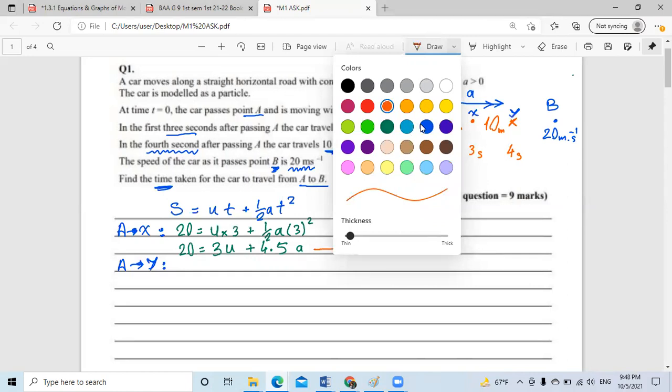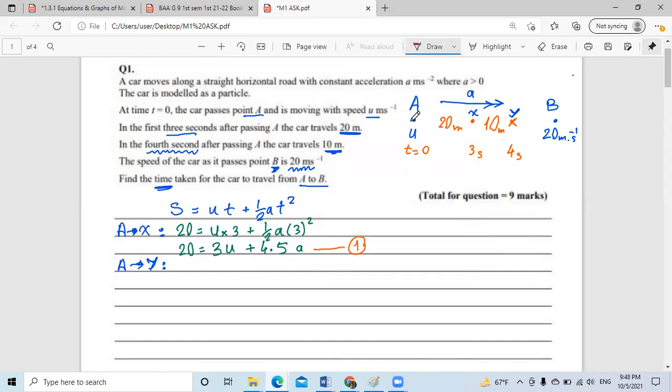I'll do the same thing from A to Y, the point Y, which is 30 meters: 20 meters and 10 meters. They said the 4th second, that's only 1 second from 3 seconds to 4 seconds, covers another 10 meters.